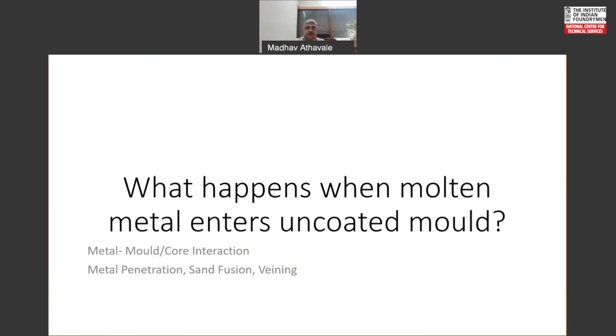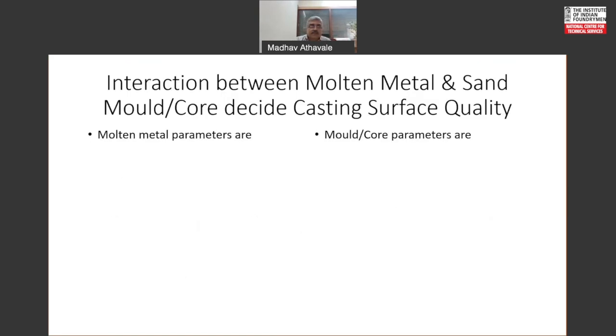So in brief, what we are going to look at is metal mold interaction or metal core interaction, which can result either in a defect called metal penetration or sand burn-on, sand fusion or veining, and sometimes in scabs and all the other ones that we saw earlier. But what I'm interested in sharing with you is the physics and chemistry of the surface defects as well as surface roughness.